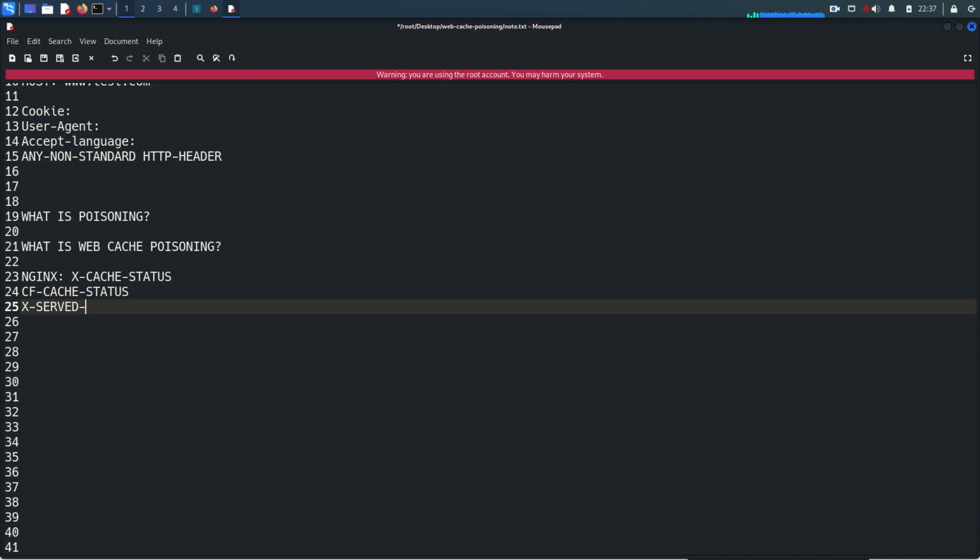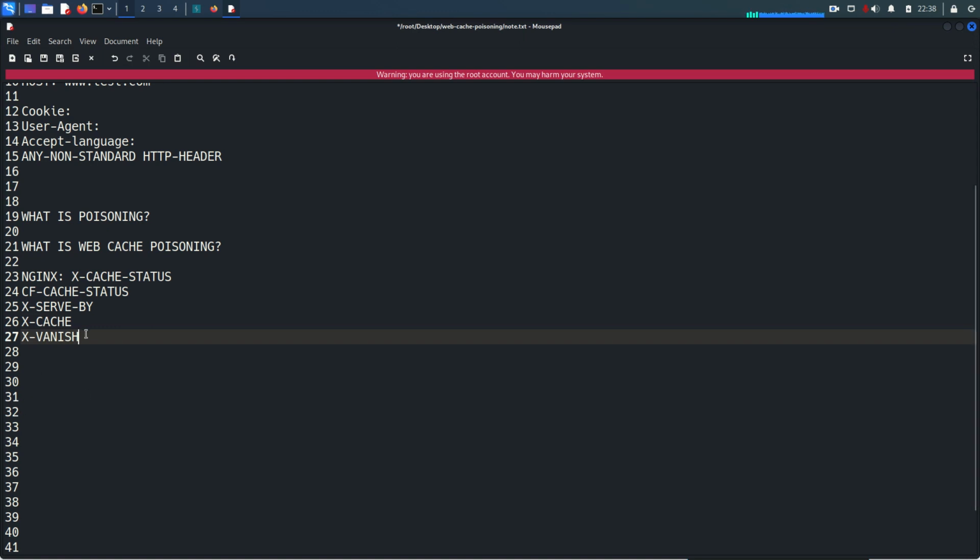We will see maybe X-Served or X-Serve, I think X-Served-By. This header also indicates that the cache has been used. There is one more, which is X-Cache, and there is X-Varnish too, I think.